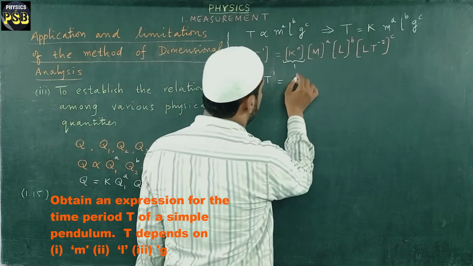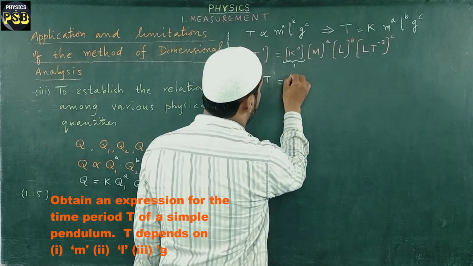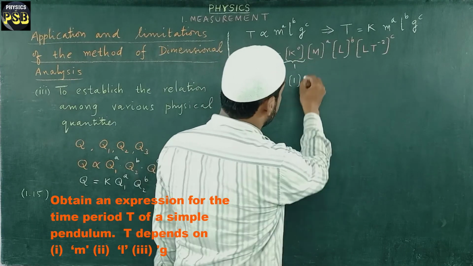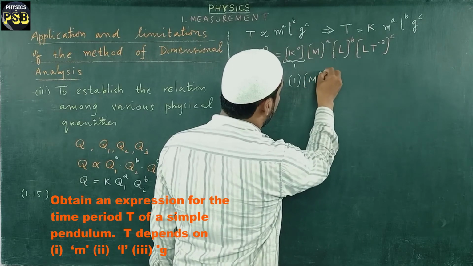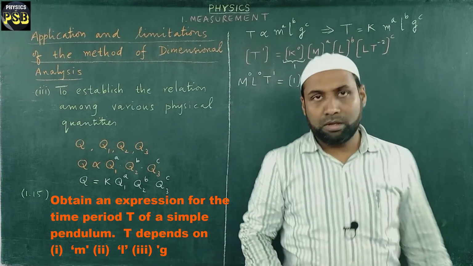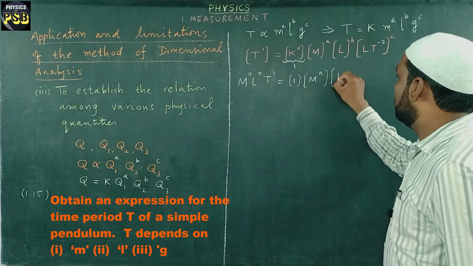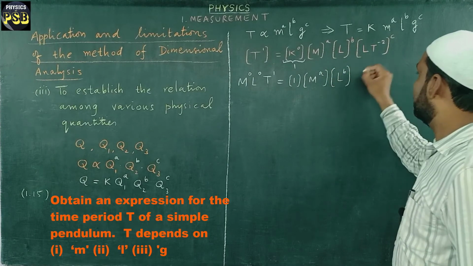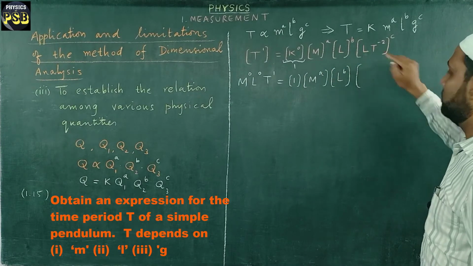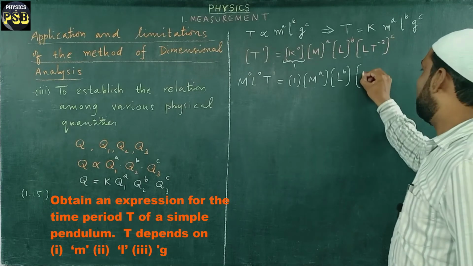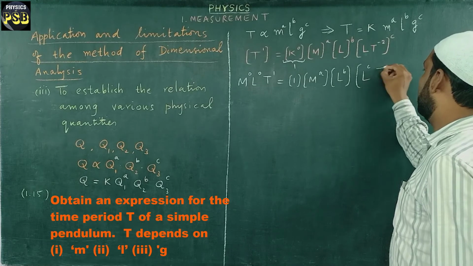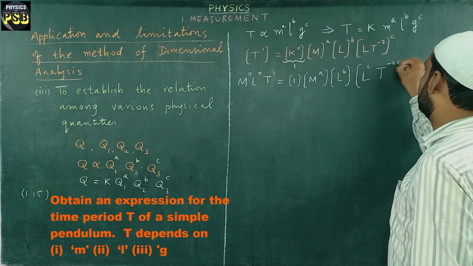And here, 1 times M power A. Now expand this. L power B. Then each term is raised to power C, so L power C, then T power 2C.